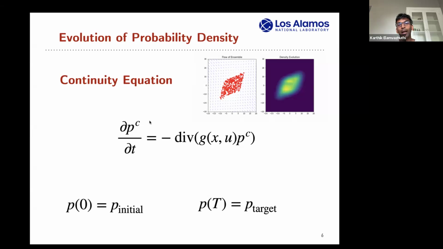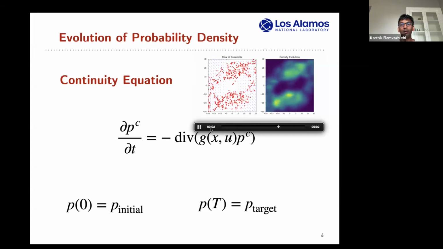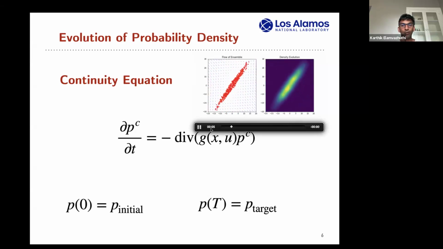This is done by the so-called continuity equation, which is well studied in the theory of fluid flows, where it arises. It essentially tells you how the probability density of the system evolves under the action of the flow.